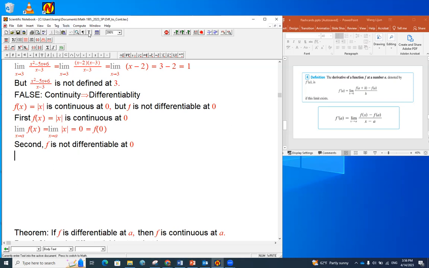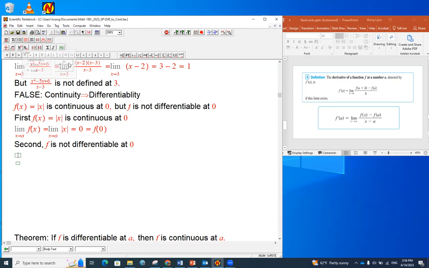All we have to do is check. We're going to observe this limit as h approaches 0, and the function is f of 0 plus h minus f of 0, divided by h. We just have to check if this limit exists.